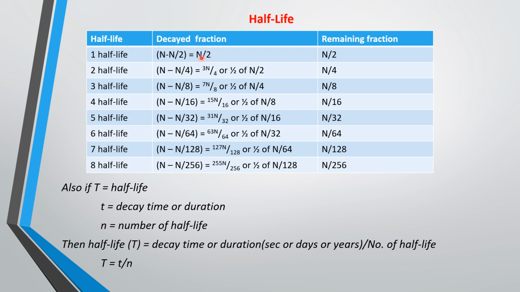So if I add n over 2, plus 1 over 2 of n over 2 which is n over 4, plus n over 8, it will give me 7n over 8. Okay, so I try to bring this table up so that for 4 half-life, you have 15n over 16 decayed and n over 16 remaining.